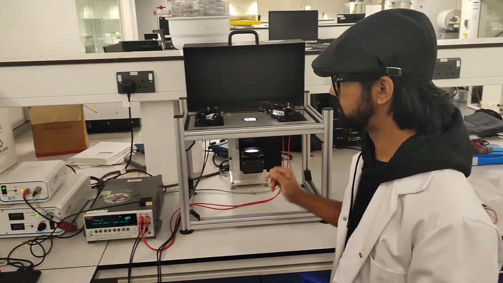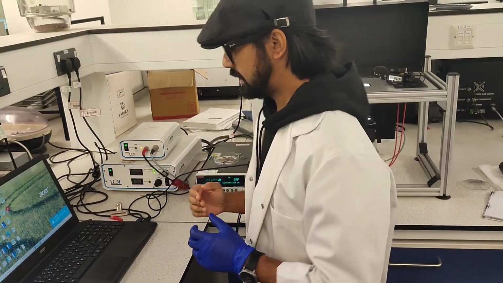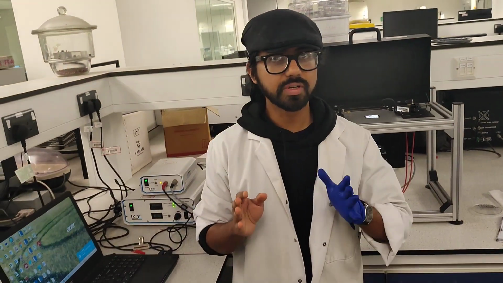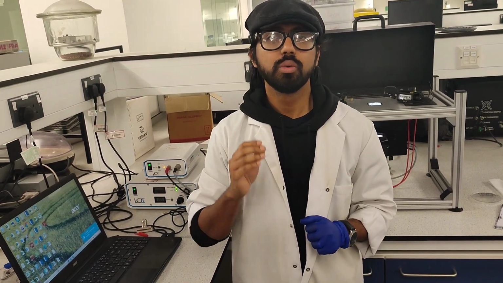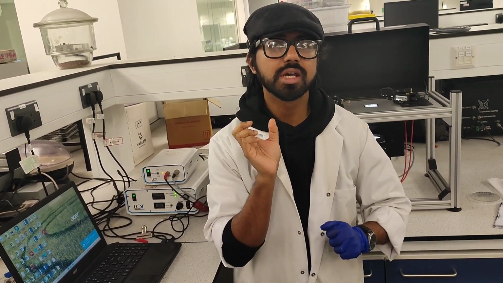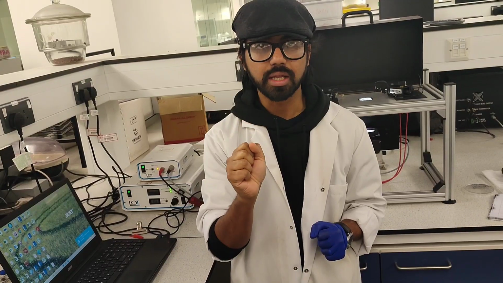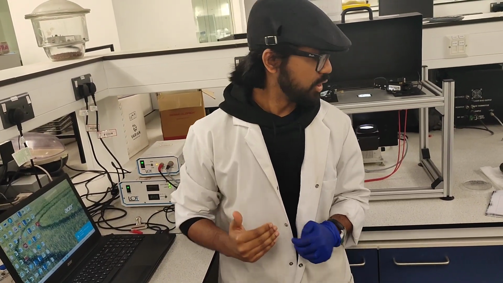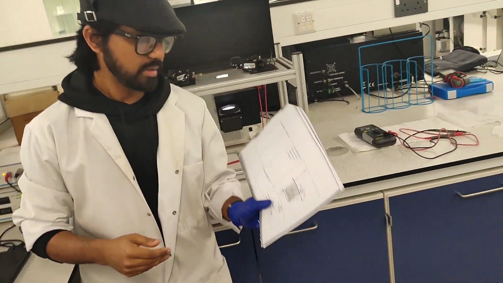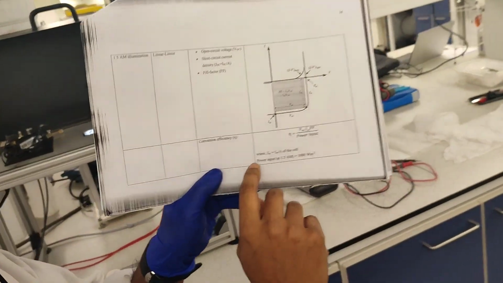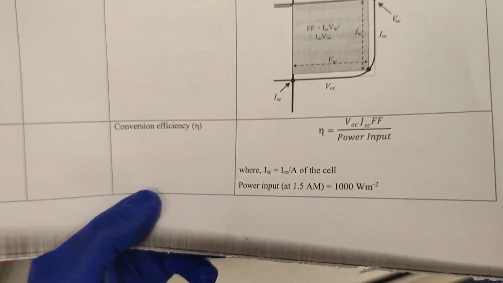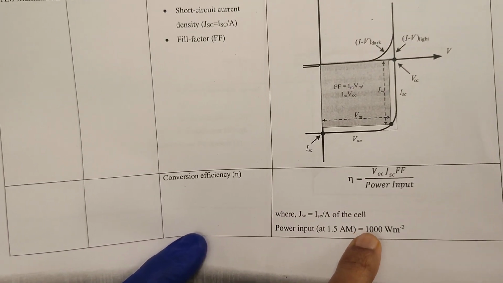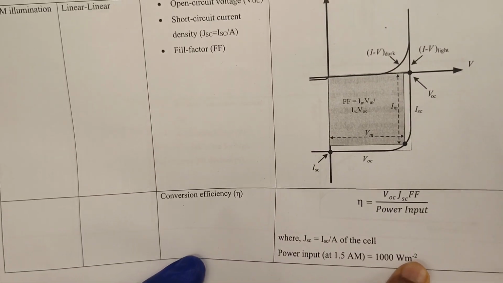Okay, so like I have shown in the first equation, the first formula, we need to give some input power at the beginning, and we need to know what that input power is. If I once again come here and show you, the power input for this standard measurement is 1000 watt per meter square.